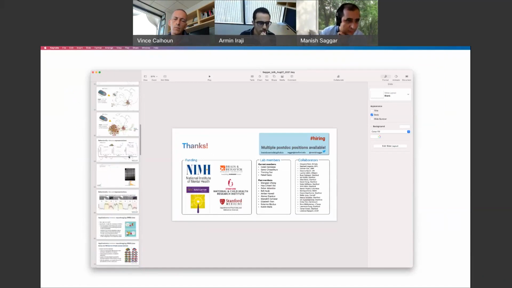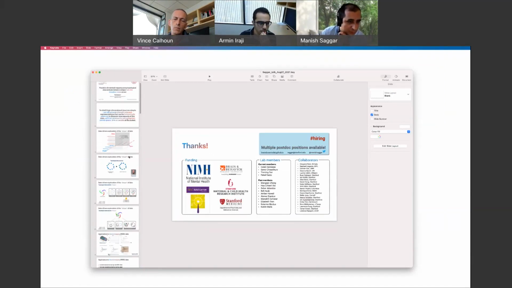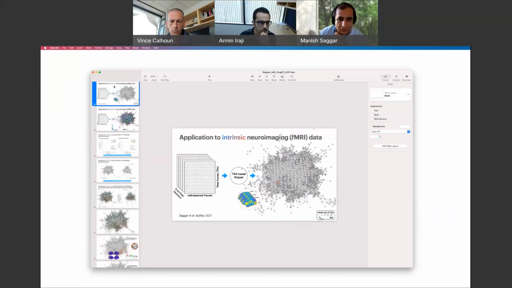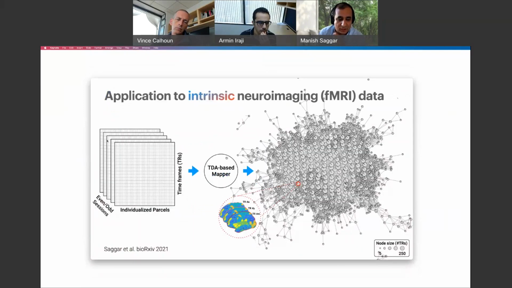This initial figure, right? So the idea would be if you just transpose this matrix, so instead of the rows being TRs by parcel, we just transpose it. So you have parcels on the rows. And now you will see these nodes will be which parcels are consistent across time.